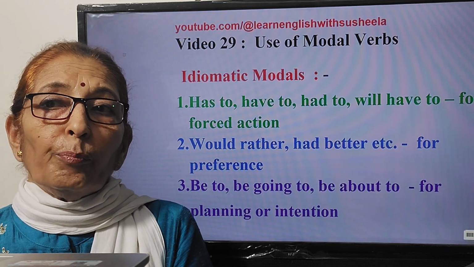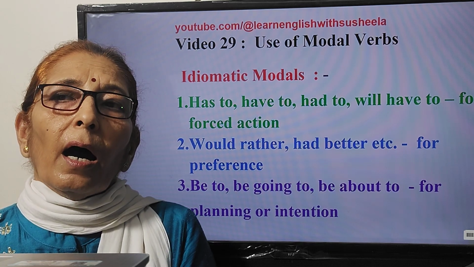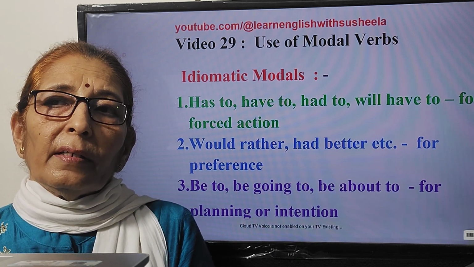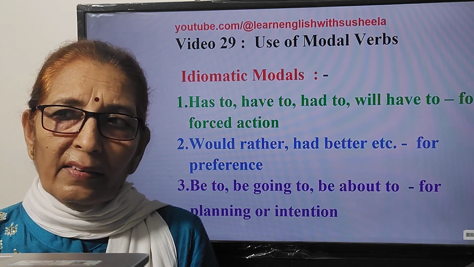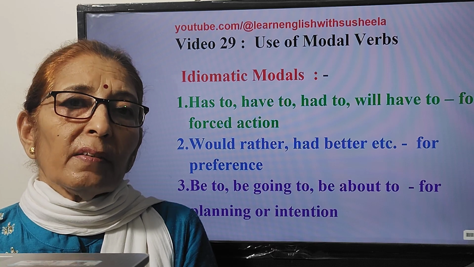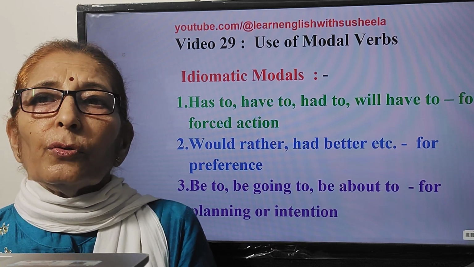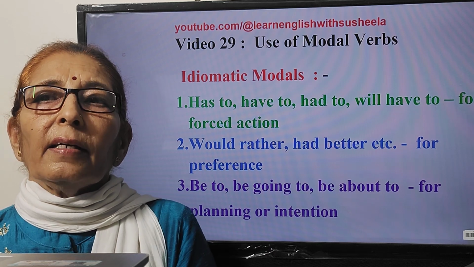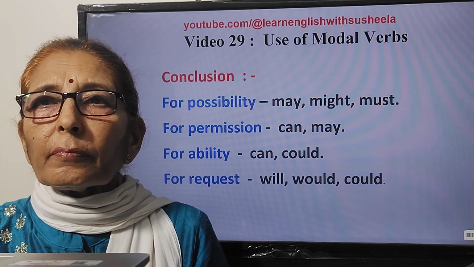Or be going to, that is going to, or are going to. How? They are going to start their own business. That is, planning is there. Then be about to means is about to. He is about to start for his journey. So this way, this third category has been used for planning or intention.